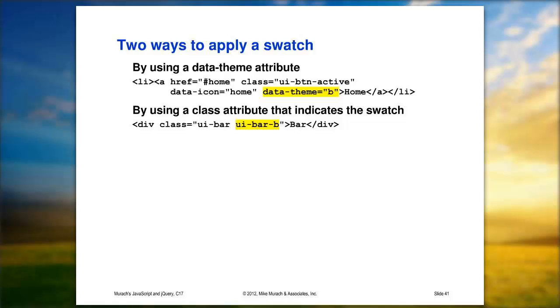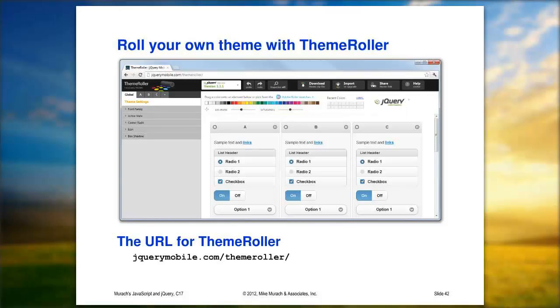Here again, we use the data-theme attribute to apply the theme. Now, you can create your own theme with ThemeRoller, just like you can for the UI components. And this is ThemeRoller.